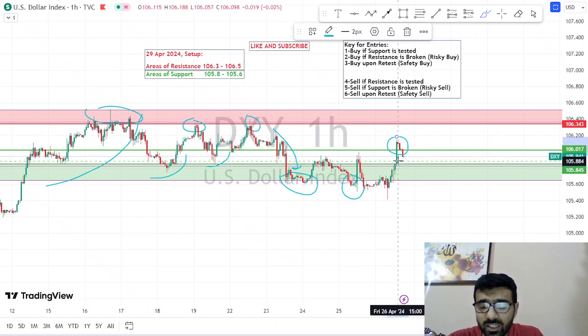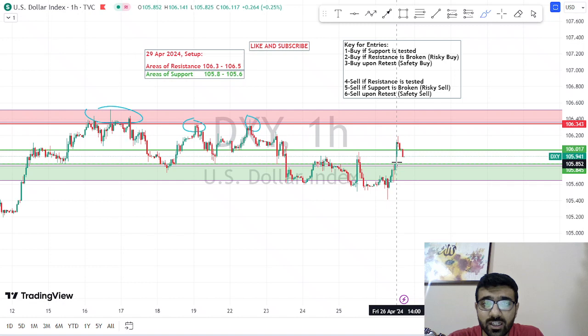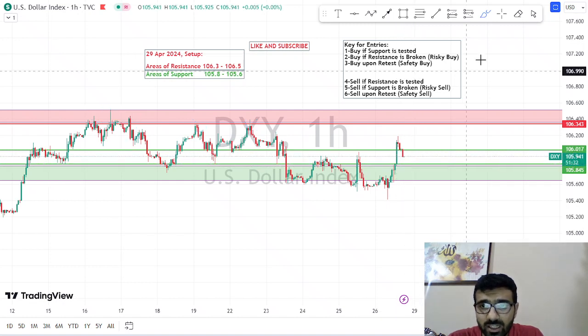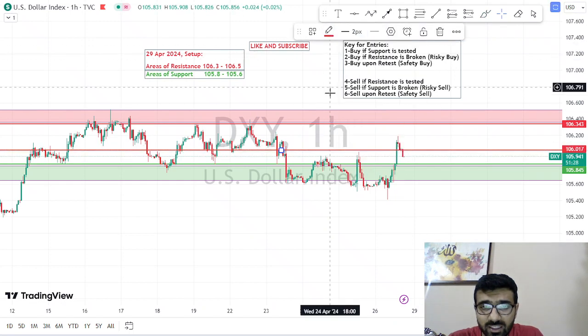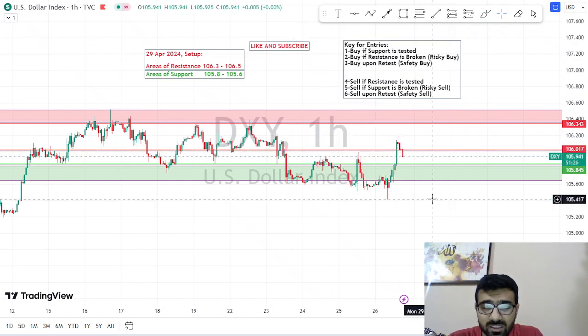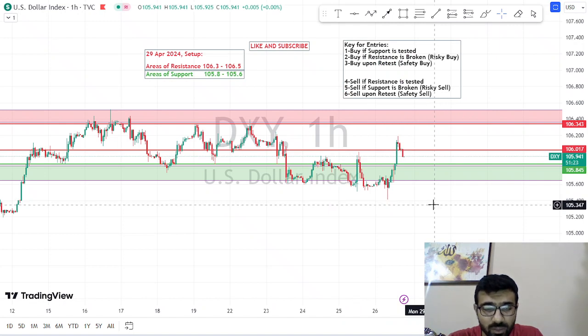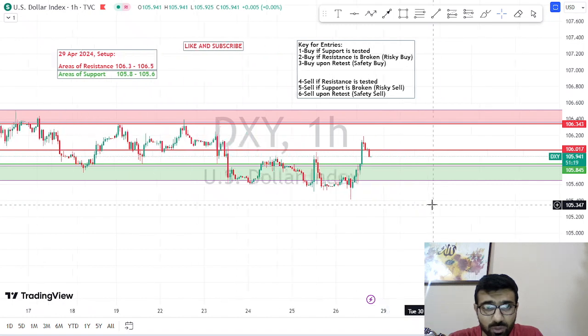So what I am looking at is that there is a possible trend reversal on the way. I think this area is going to act as a short term resistance instead of short term support. Now let us move forward to the scenarios for tomorrow.